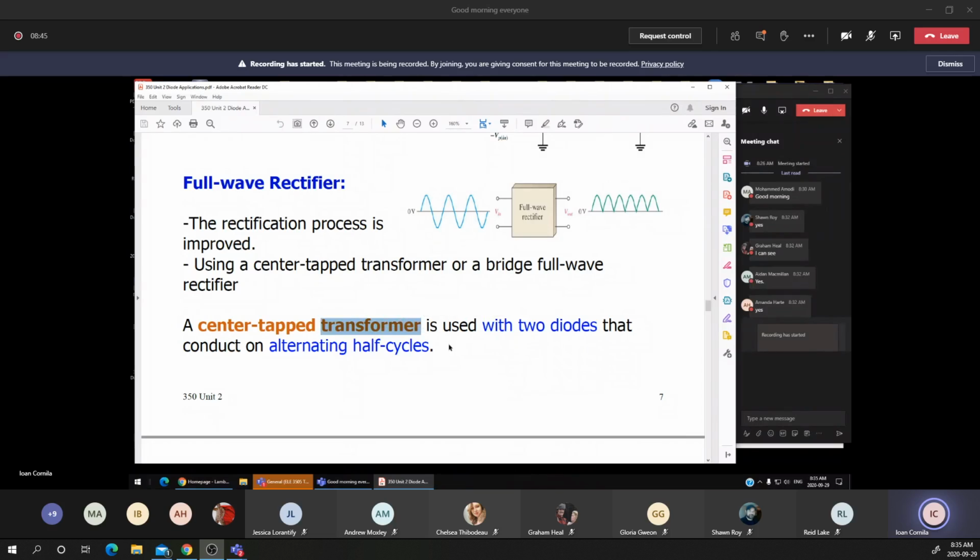We'll discuss the transformer in detail in the next course, ELE 315, electrical machines. But at this point, I'm just making a very basic introduction to transformers, because we are using a transformer most of the time as the input voltage.